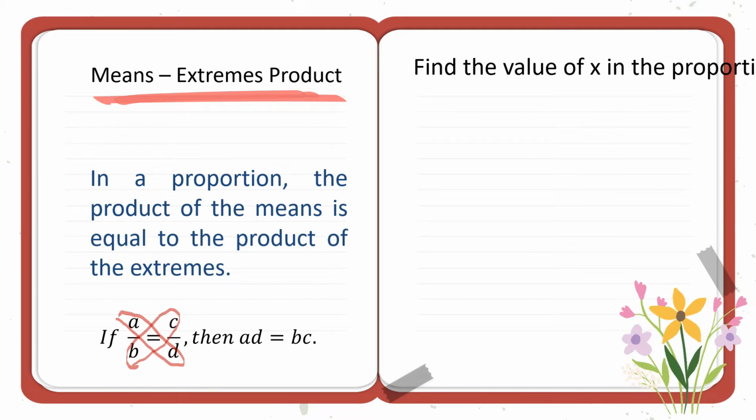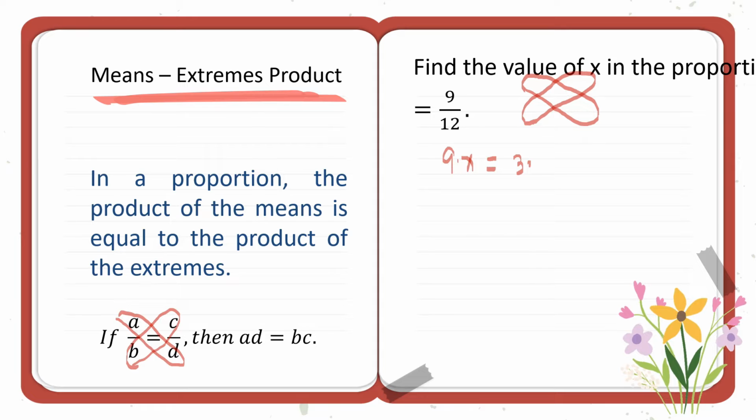For example, find the value of x in the proportion 3 over x equals 9 over 12. We get the product of the means and the product of the extremes, and then equate these products, or simply cross multiply. x times 9, the means, or 9 times x, is equal to the product of the extremes, 3 and 12.